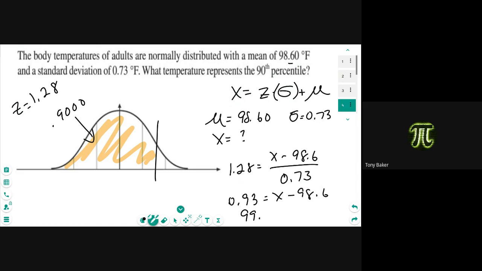So in this case, they had 2 decimal places, so 2 decimal places. So 99.53. Use the first formula that I gave you. Use the top formula. You don't have to do the algebra.